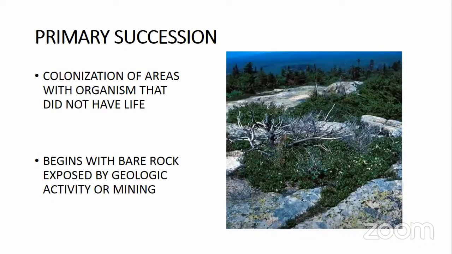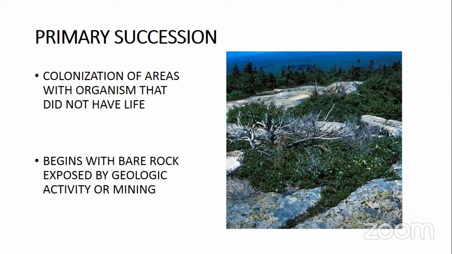Okay, and as mentioned earlier, primary succession. So what is that? Colonization of areas with organisms that did not have life. So this primary, as I said, could take hundreds or thousands or even millions of years. It starts from nothing.